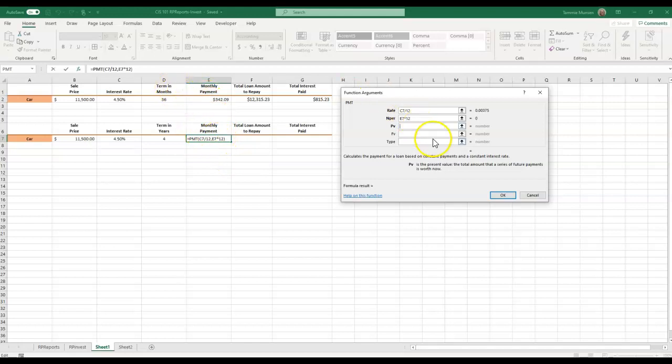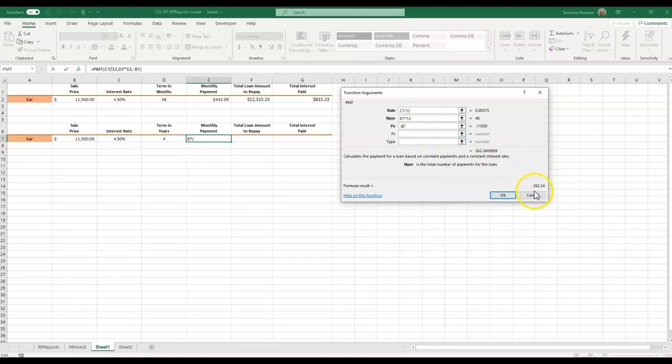Oh, I'm sorry, D7. I wondered why there was a 0 there. D7 times 12, which is giving me then the 48 months, and the formula can work with that. And then the present value is still in cell B7. Remember, you have to put a negative sign in front of that because you're working with your cash flow.